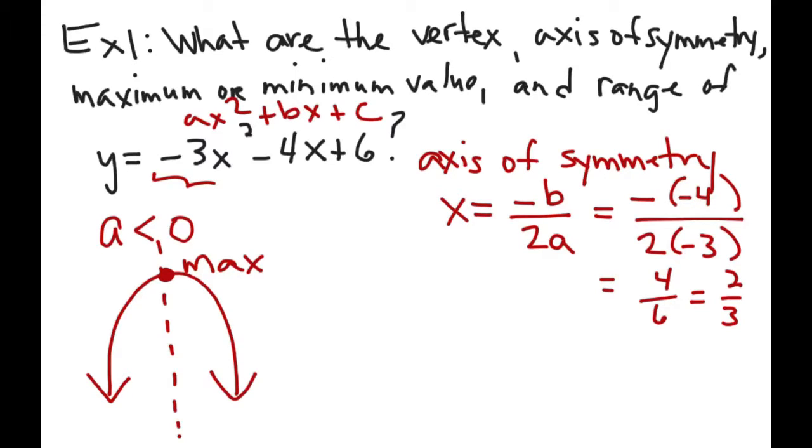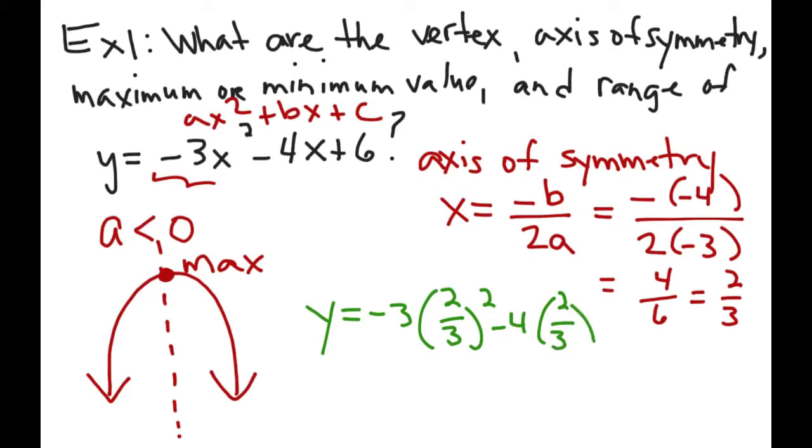How do I find the y value of the vertex? Well, that's easy. We're going to plug in 2/3 back into the equation everywhere that I see an x. So, first I have to square 2/3. That's 4 over 9.